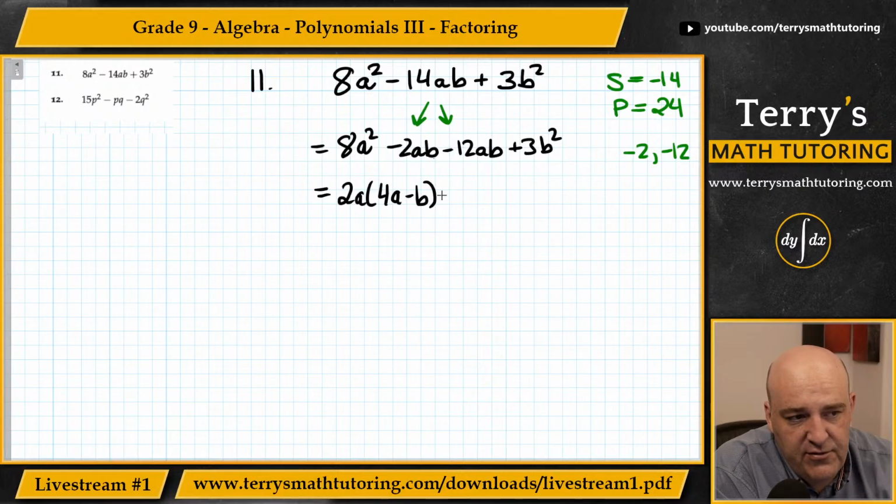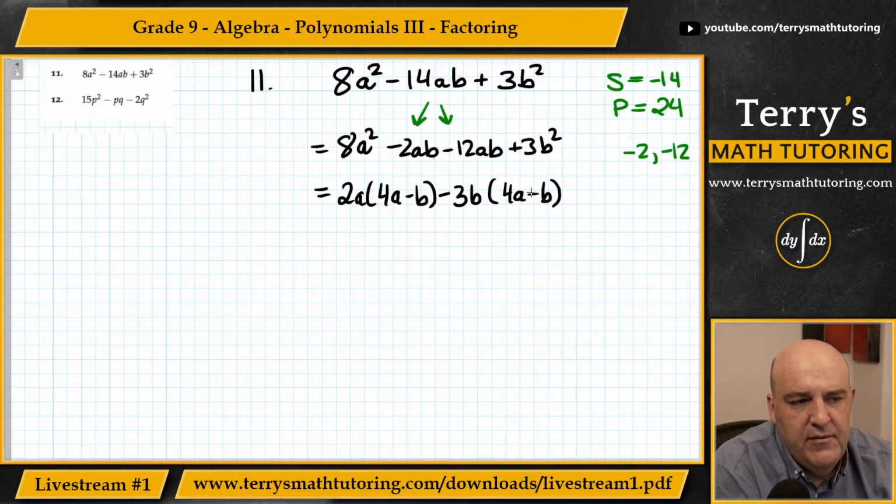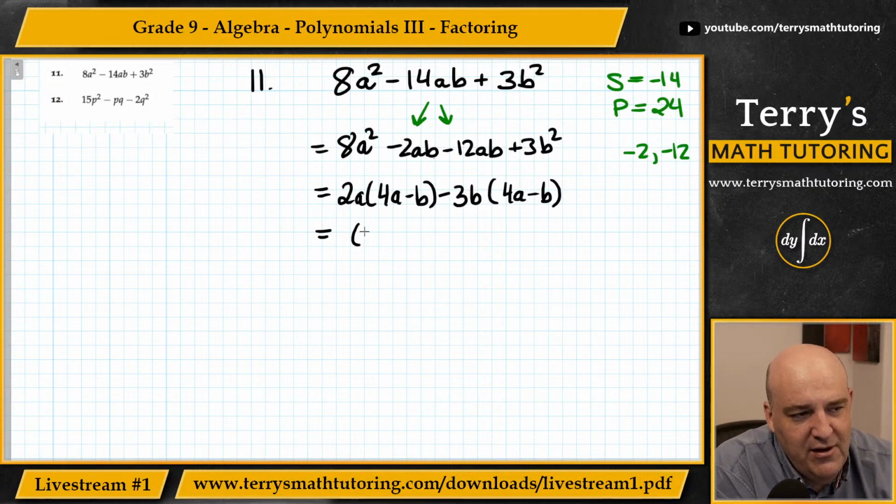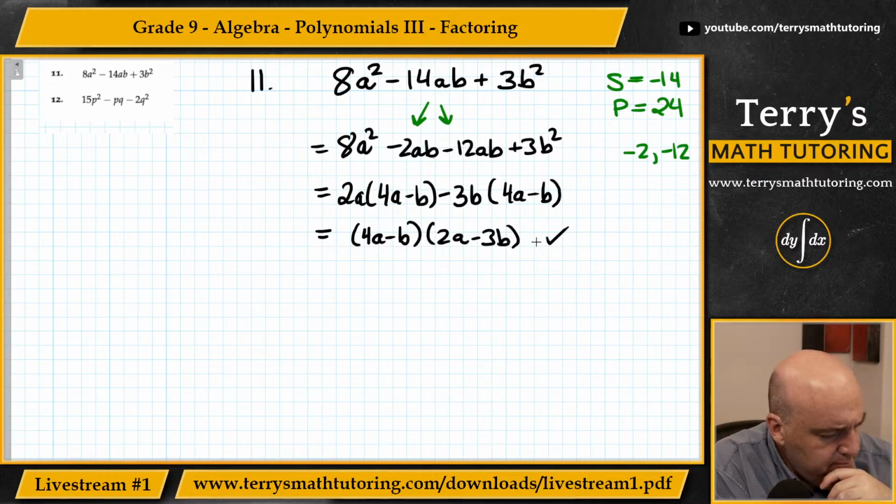Notice there's a minus, so we need a minus here. And the 3 is common, and so is a b. And then we get 4a minus b. And these are the same. That better be the case, and it is. And we pull that to the front, and then what's left over is the 2a minus 3b. And there's our answer for number 11.